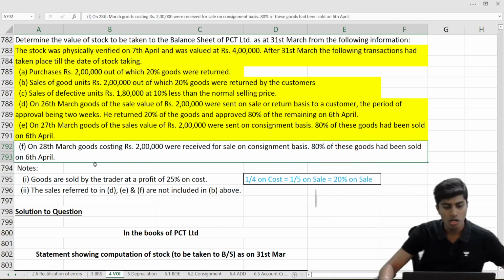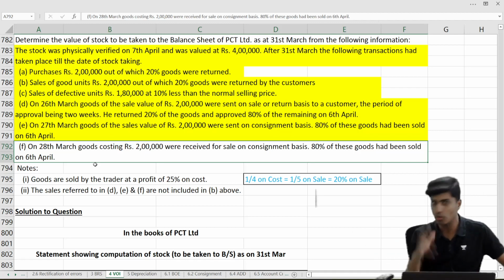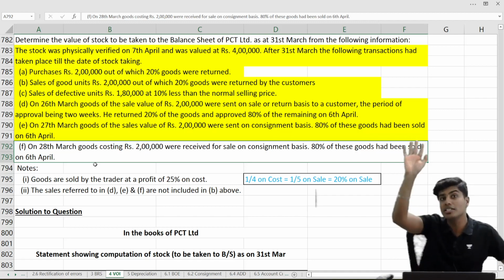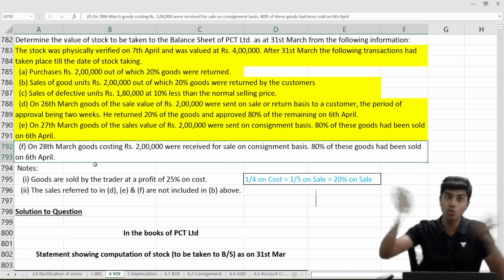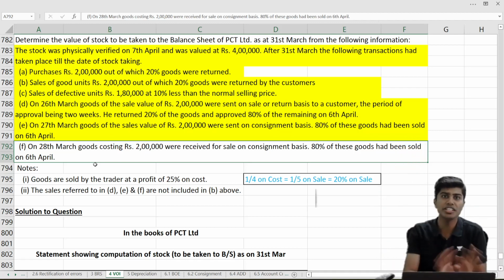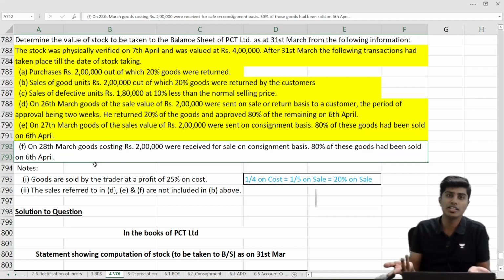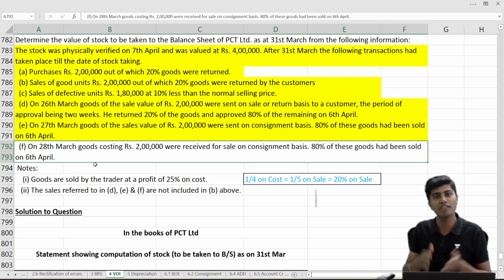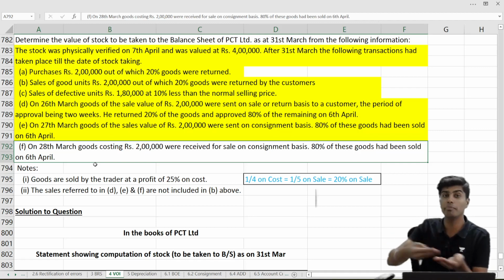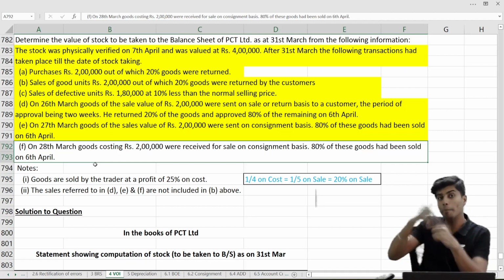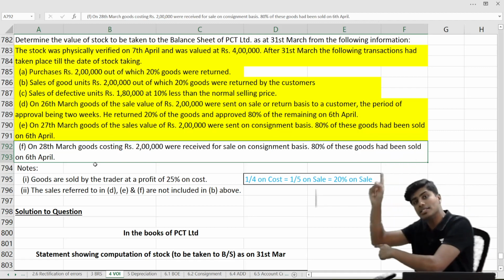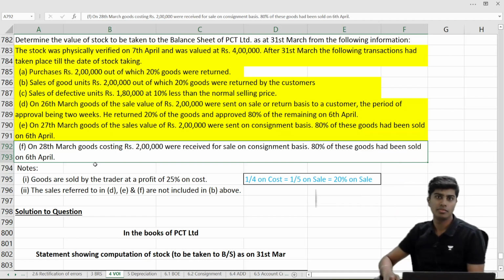Now see, on 28th of March, goods costing 2 lakh were received on consignment. 80% of these goods has been sold by 6th April. We have sold 80% and we don't have to adjust it like sales. Why? Not our sales. I am after all an agent working for commission. This is sales made by me, the consignee, on behalf of our principal, the consigner.